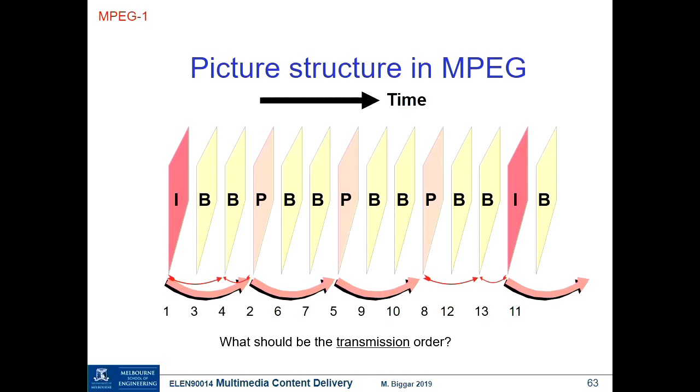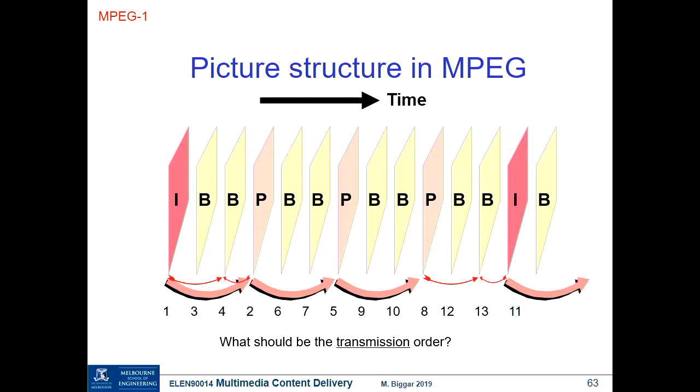If we encode and send the B, but we're keeping the P in a buffer in the encoder, so we're going to send them in time sequential order.